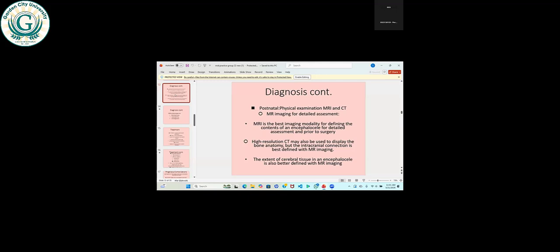That is for detailed assessment and prior to surgery. The CT may also be used to display the bone anatomy, but the intracranial connection is best defined with magnetic resonance imaging. The extent of the cerebral tissue in an encephalocele is also better defined with MRI.